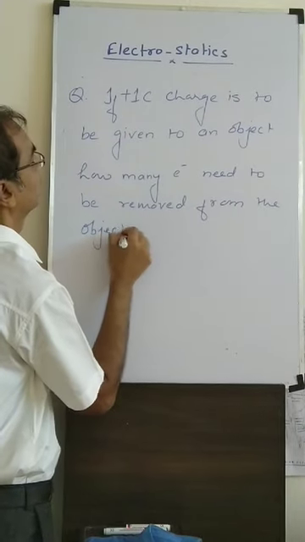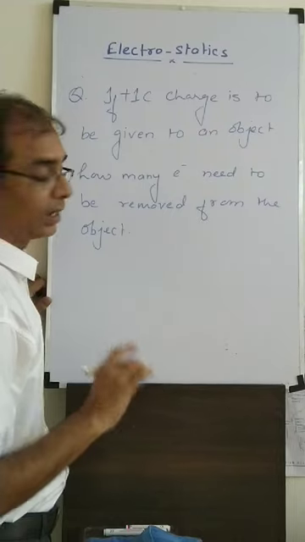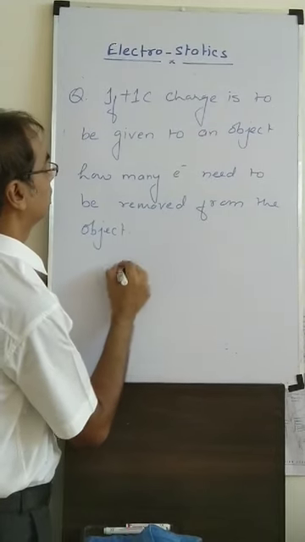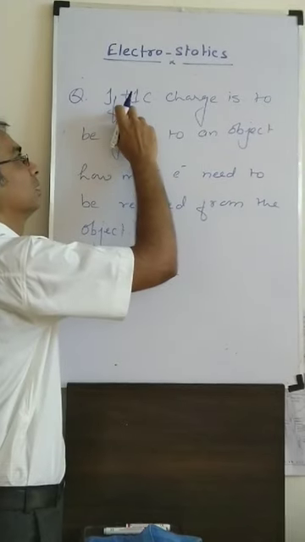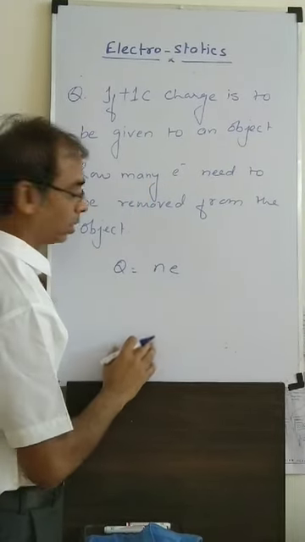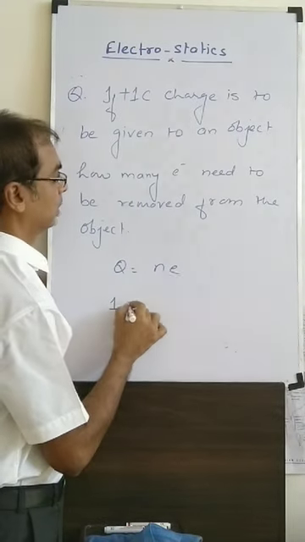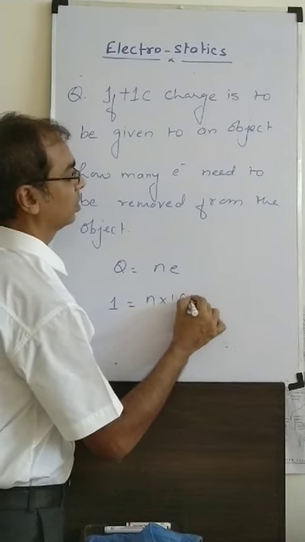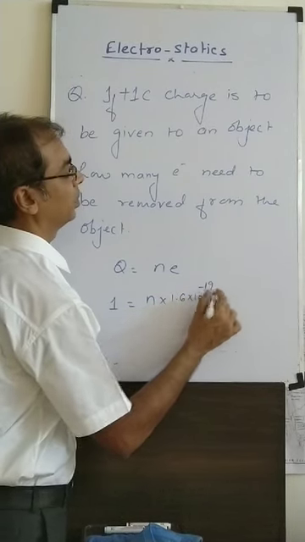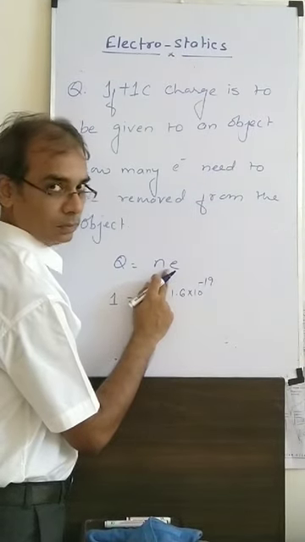Okay, how to find? We already have discussed one of the properties, which is the quantization property, in which we have written Q equal to Ne. Why am I writing Ne over here? Because I know that the charge is plus 1. So here I am going to write 1, N I am finding, and here the charge on electron. How much is the charge on electron? 1.6 into 10 to the power minus 19. Here we don't have to keep the minus.